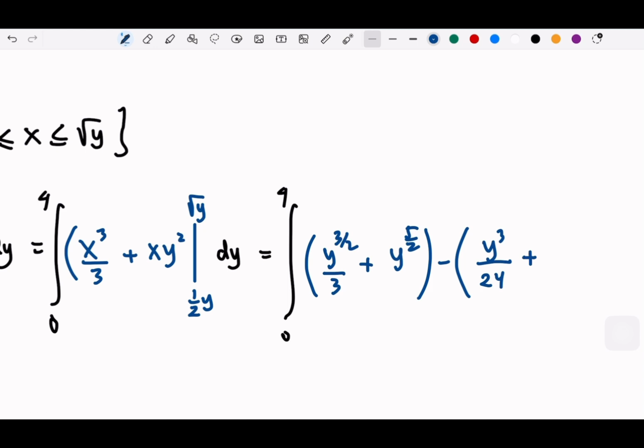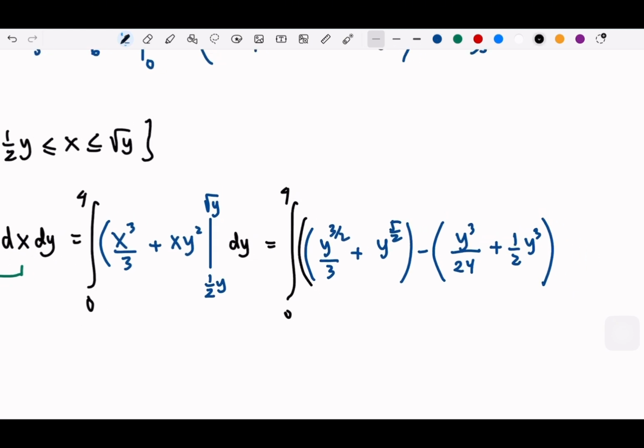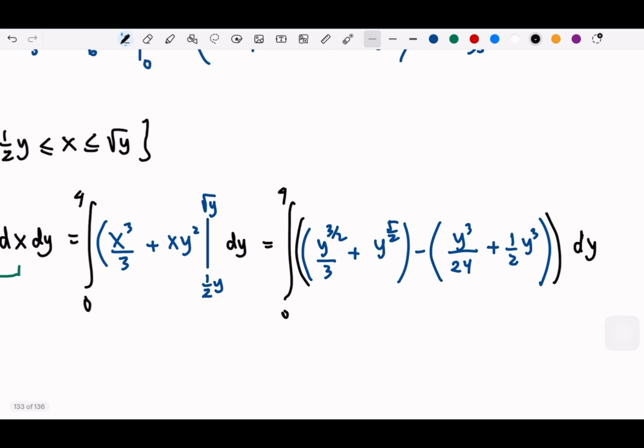And then plus half y cubed, and then compute and evaluate with respect to y. So try to confirm. I think I will just skip this. This should be equal to the same result.